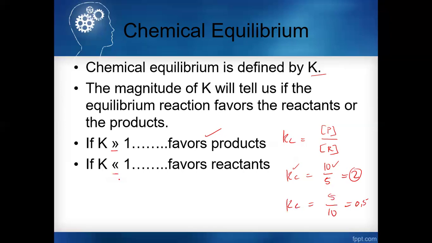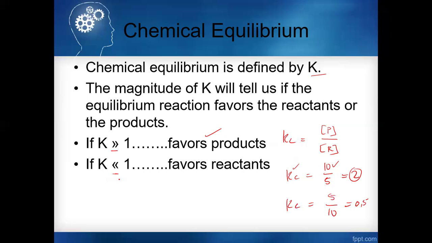So if we have more reactants, the Kc value will be less than 1. If we have more products, the Kc value will be greater than 1. In this case, where the Kc value is greater than 1, the forward reaction is where we form the products, so the forward reaction will be favored. We favor the side that produces more quantity.